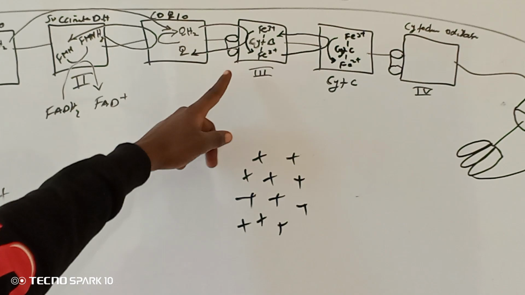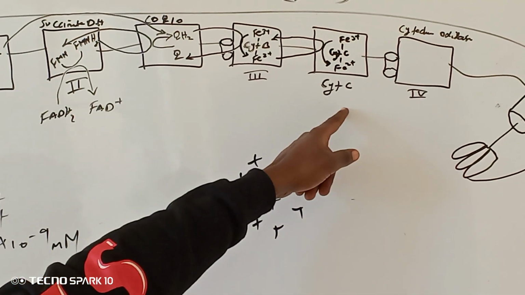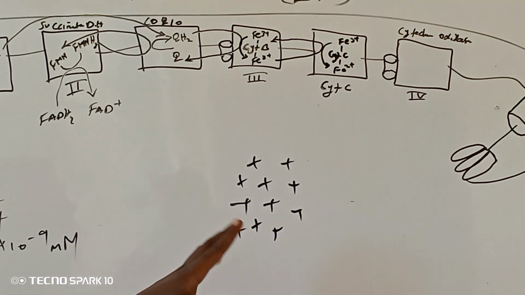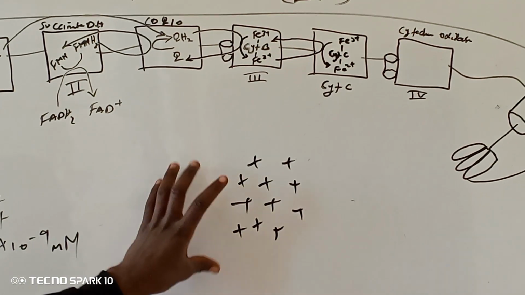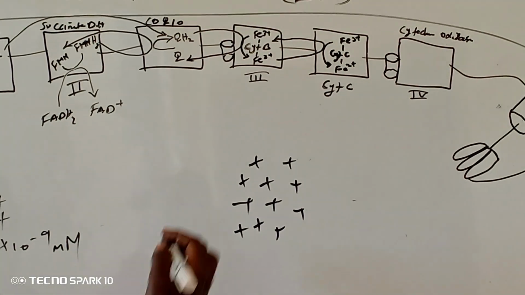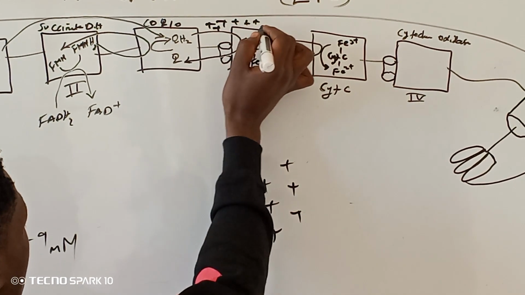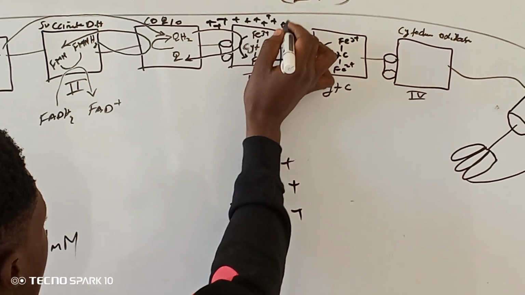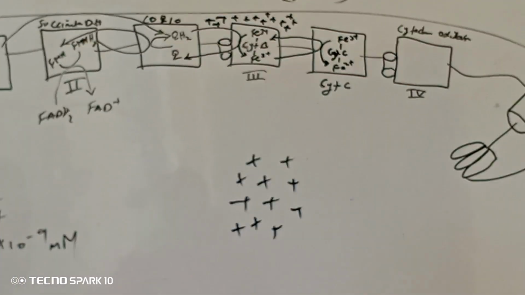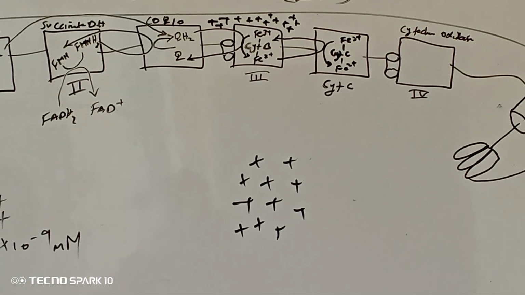But remember what I told you, whenever it passes the electrons from complex 3 to cytochrome C, it's going to generate some energy that is going to pump the protons from inside the matrix to the intermembrane space. So more of the protons are being pumped out, increasing the concentration of the protons inside the intermembrane space.